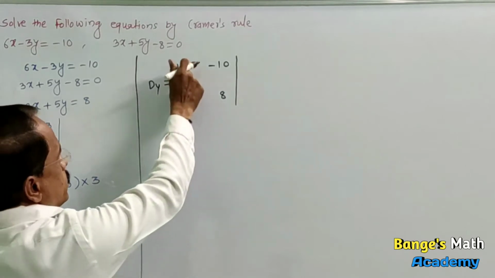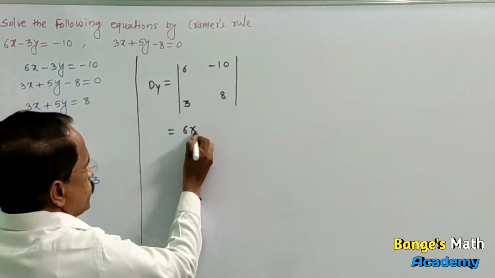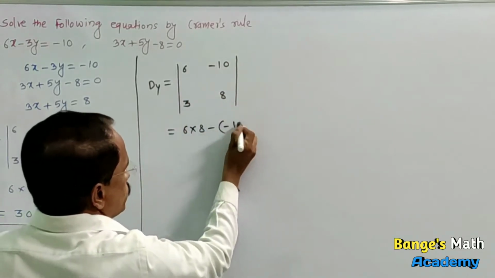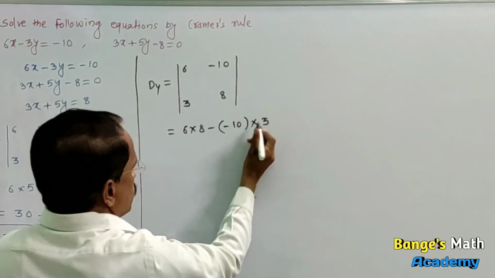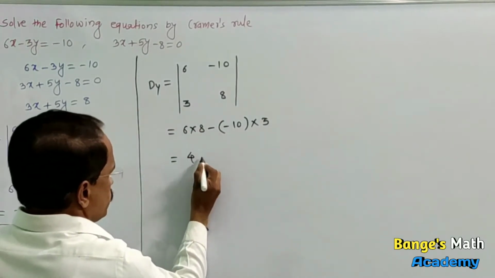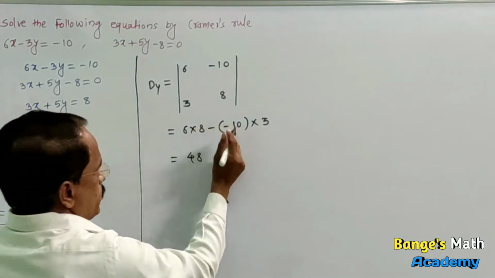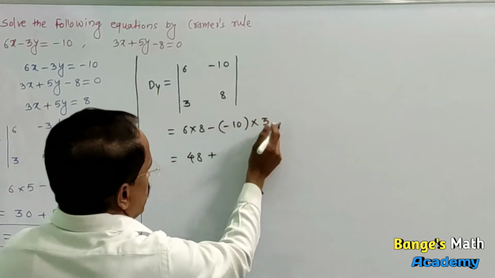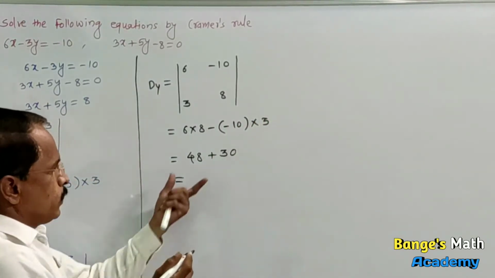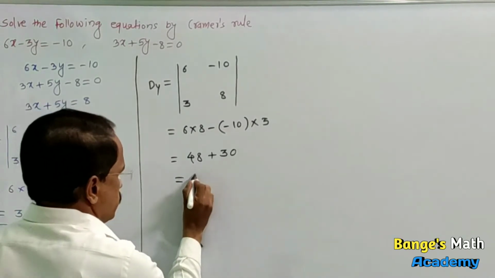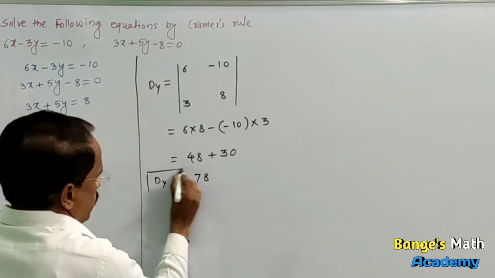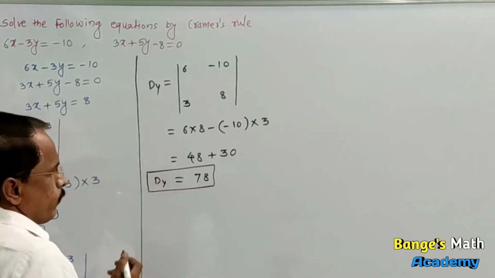Simplify this. 6 into 8, minus 10 into 3, is equal to 6 into 8, 48, minus into minus plus 10 into 3, 30. The sum of this is 78. We find the value of dy.